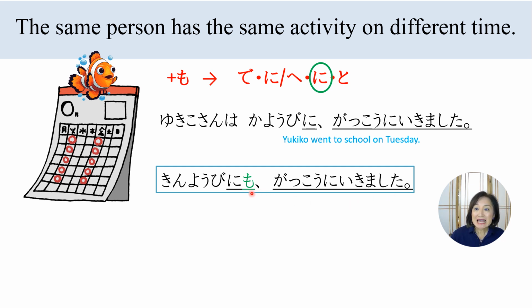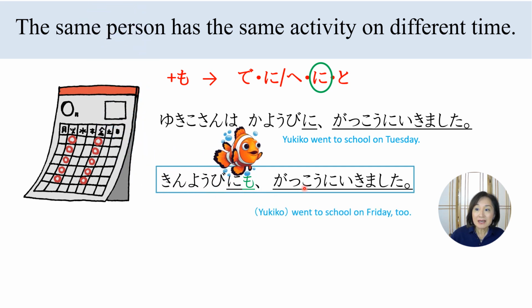You just add も to the time reference particle に in the second sentence like this. 金曜日にも学校に行きました。Now you're clearly showing that Yukiko went to school on Friday too.